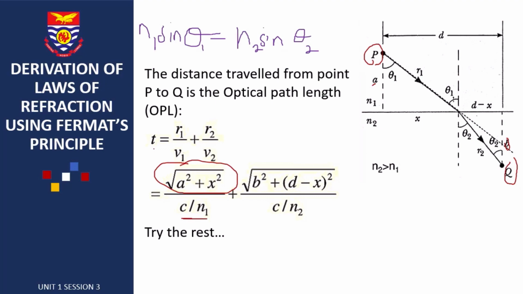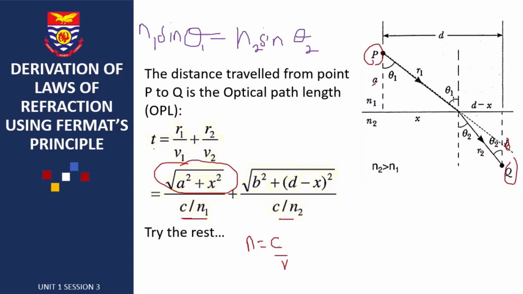Don't be confused about what we have at the denominator here. You remember that we wrote a formula, or I explained a formula earlier, where we had the refractive index n to be equal to c over v, where the v here was the speed of light in a medium or any material, and the c here is the speed of light in a vacuum.